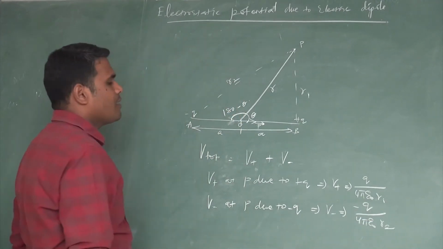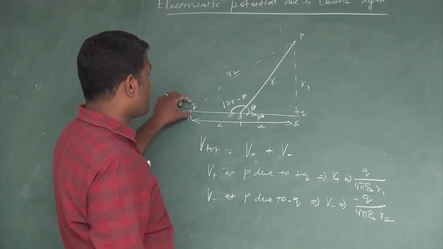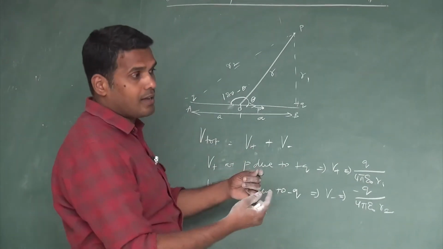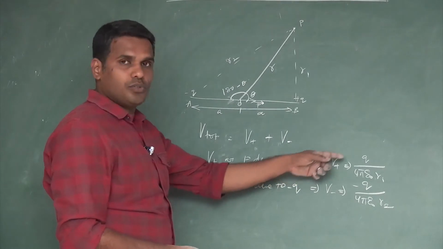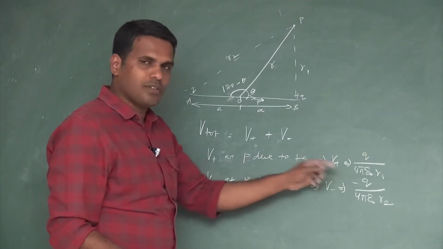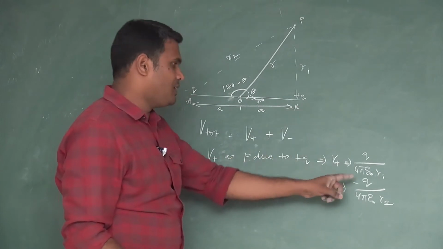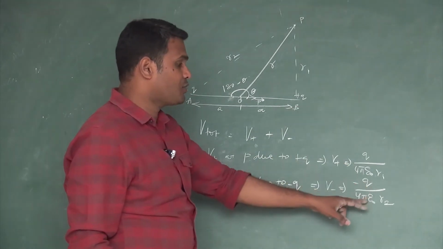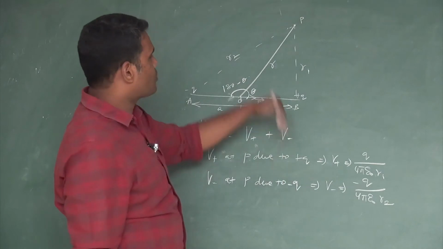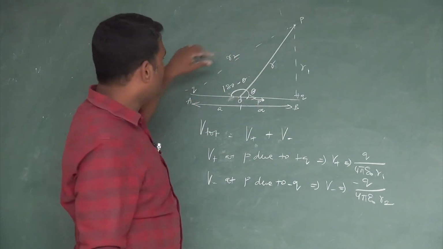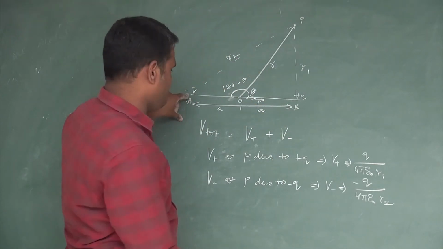As we saw earlier, potential due to a positive charge is positive, potential due to a negative charge is negative, so the negative sign must be mentioned here. r2 is the distance of the point P from the charge minus Q.